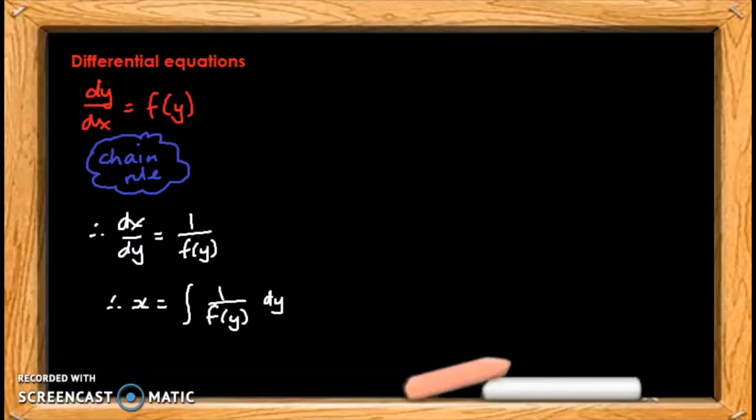And that way you can work out what x is in terms of y, and then, if necessary, because you don't always have to, you can change the subject to make y the subject of the equation once you've already done your integration. So that's how you're going to handle something like this.